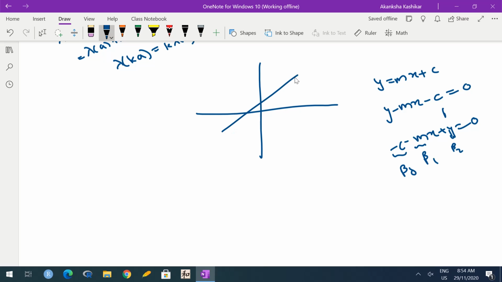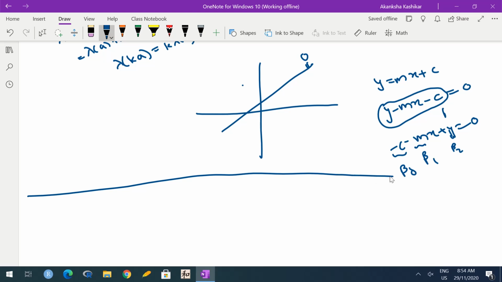Now when you draw any straight line, y equal to mx plus c, on these two sides you have opposite signs. Y minus mx minus c would be negative on one side and positive on the other side, right? So for classifying a new point, this is exactly what we have to check: the sign of this quantity beta naught plus beta 1 x1 plus beta 2 x2 plus ... plus beta p xp.